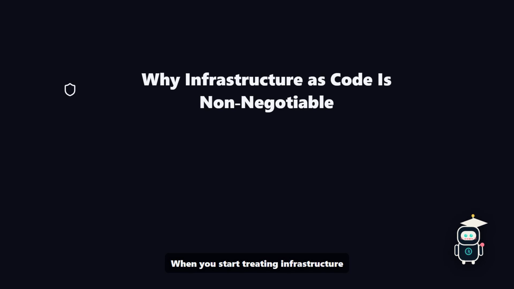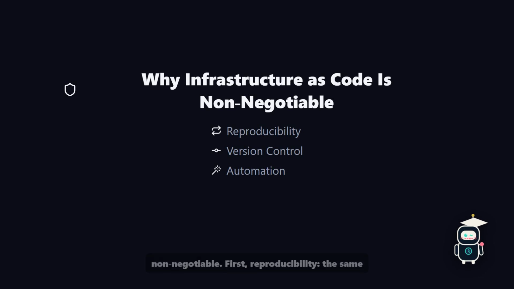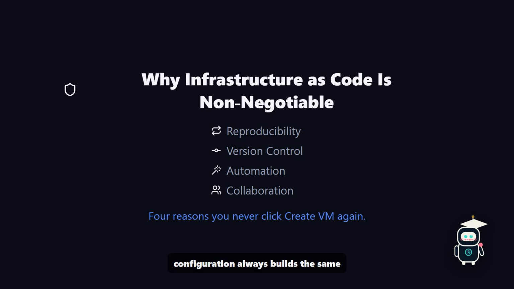When you start treating infrastructure as code, 4 benefits become non-negotiable. First, reproducibility. The same configuration always builds the same virtual private cloud, VPC, your own isolated network on GCP, along with subnets or instances. Dev, staging, and prod all match. Second, version control. Your entire network topology has a Git history.